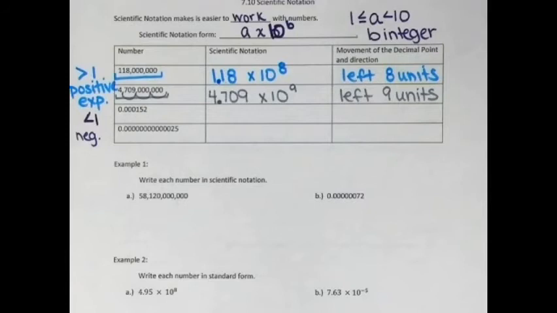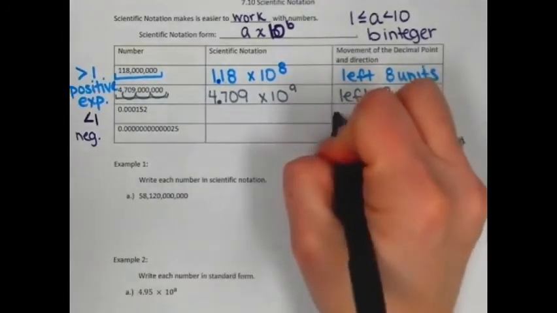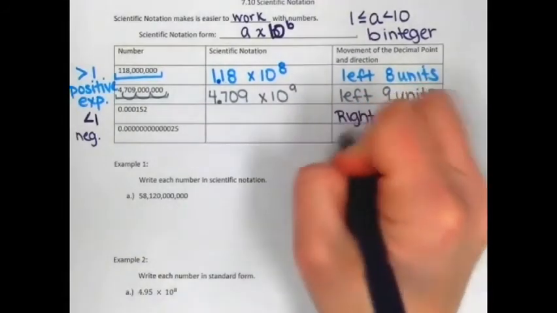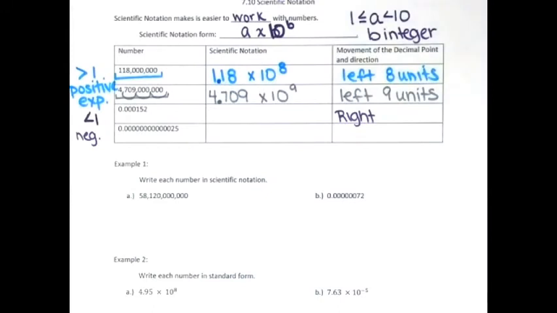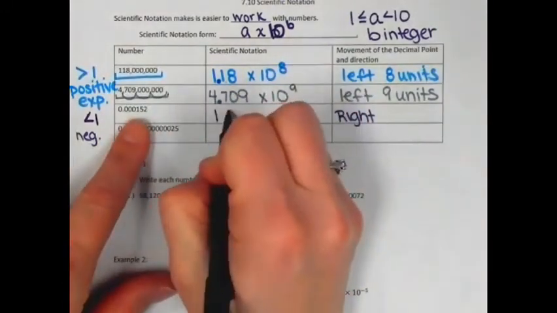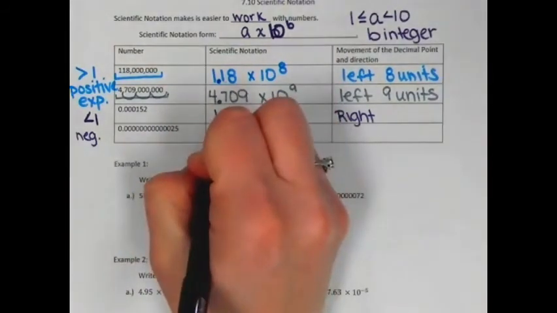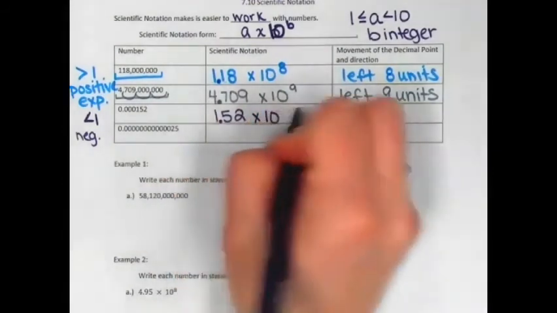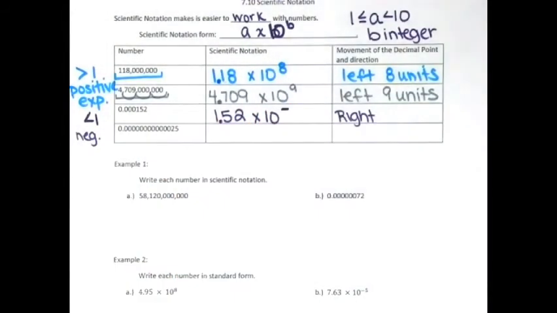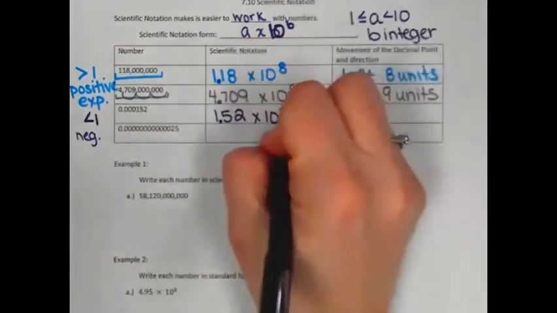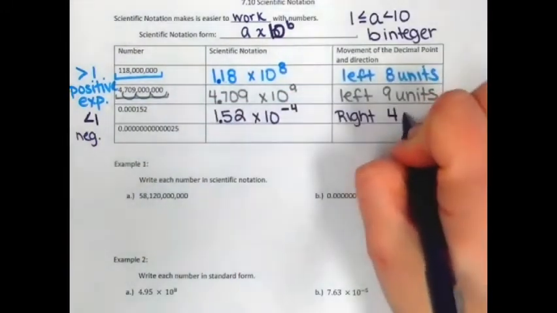It's a decimal, right? So now we move our decimal to the right. Now, we have the number 152, right? Where would my decimal place go here? In between the 1 and the 5. So we're going to have 10, but it's going to be a negative exponent now. And how many units? 4. So we moved it right 4 units.